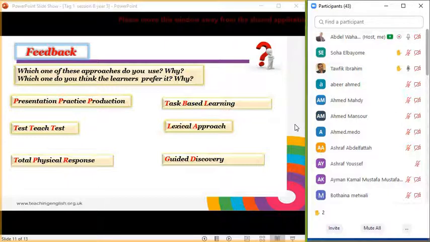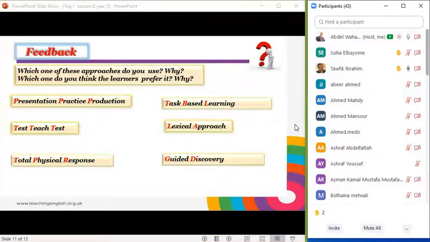Sometimes we need to use different approaches to present different tasks, and it depends also on students. Sometimes some students may learn while using this strategy or approach. Others need to use another approach, so you should vary your techniques.